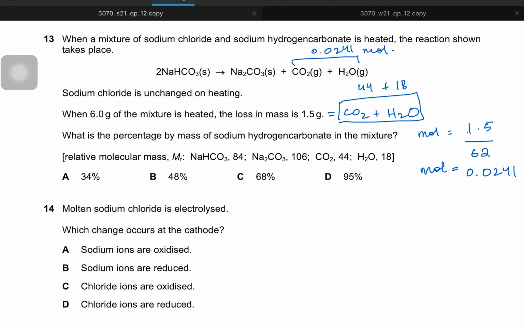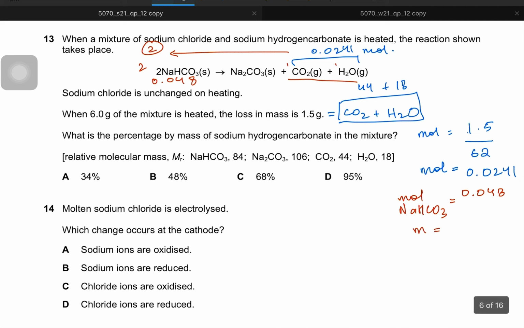You can see the relationship between these substances is 1 and 2, so it's going to be double the moles of sodium bicarbonate or sodium hydrogen carbonate. So moles of sodium hydrogen carbonate is equal to double this value, which is 0.048. Now what's the mass?